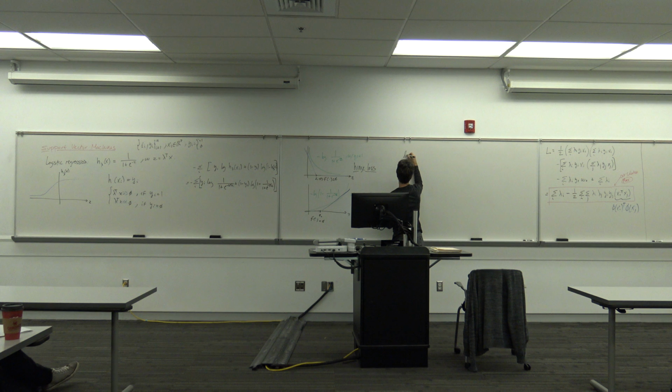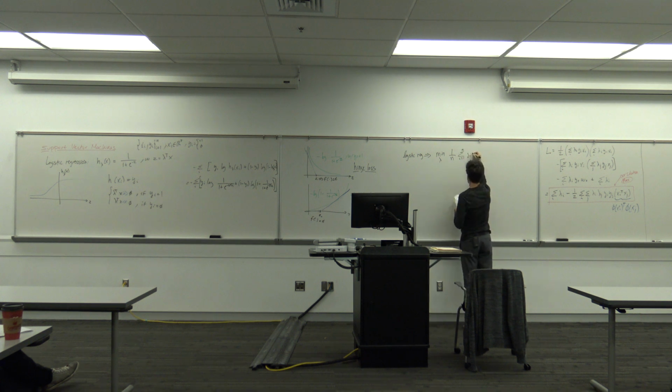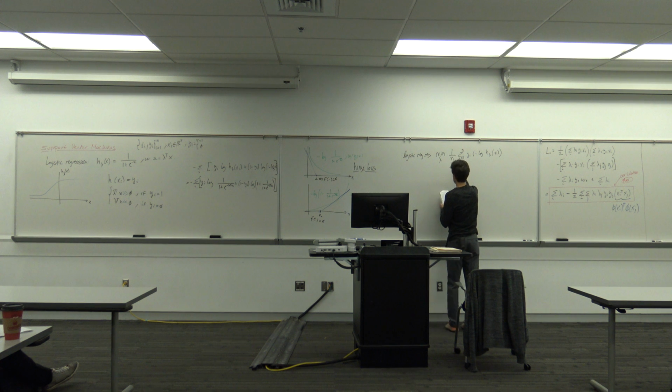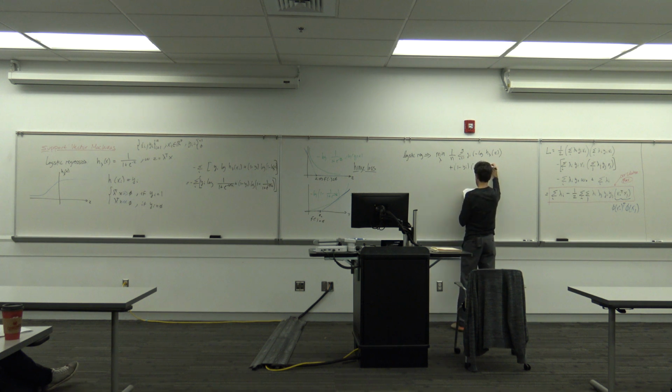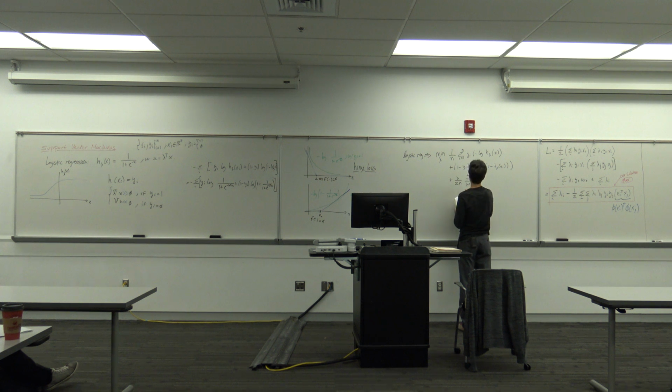So in logistic regression, we have the minimum over the parameters of 1 over n, the sum from 1 through n of y_i times negative the log of h_lambda(x_i), plus 1 minus y_i times negative the log of 1 minus h_lambda(x_i), plus lambda over n, the sum over all j of lambda_j squared.